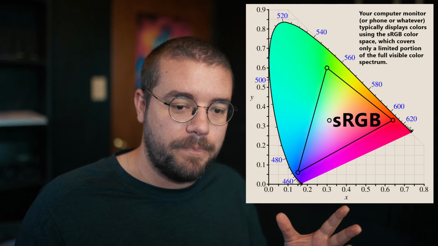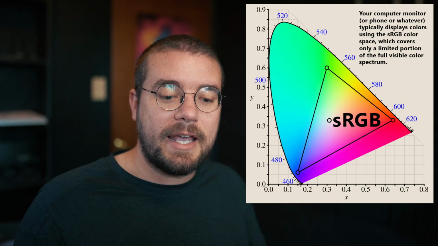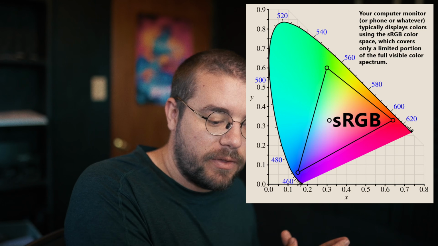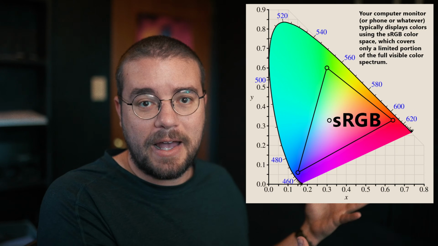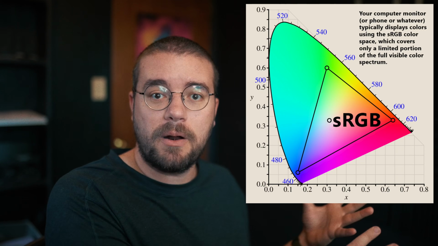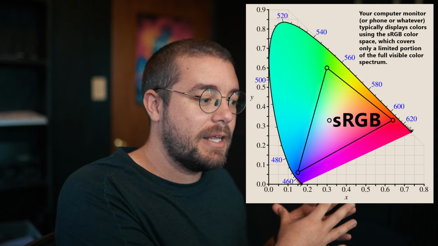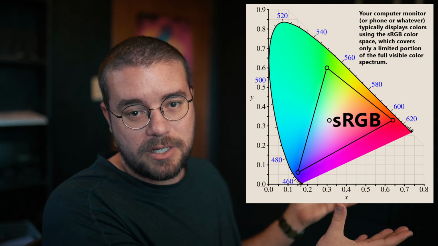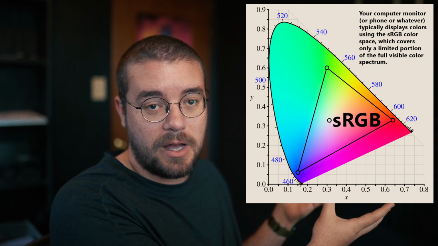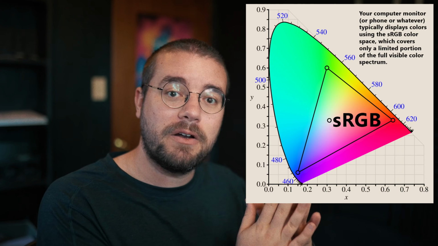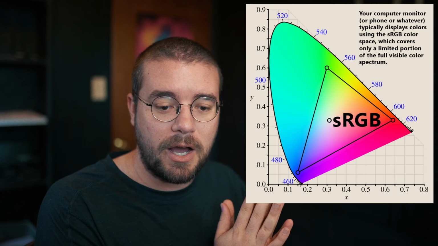So it's very limited. In 3D software, we can work within a linear color space, which is working with a wider range of values and colors beyond what our monitor can see. And we're doing that because we have the flexibility to have more information and data to define what our texture looks like, and then it's limited and funneled through the sRGB of our monitor.